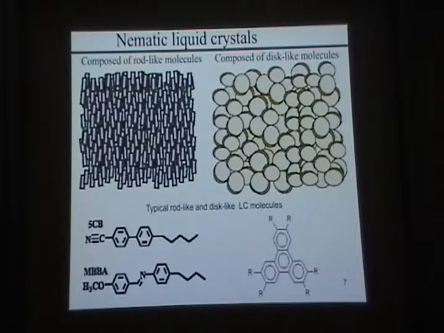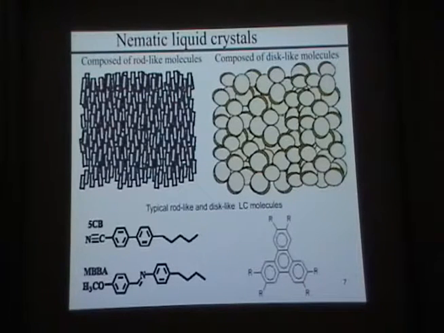In this state of matter, we have only orientational ordering and no positional ordering at all. Right? So here you can see two different types of nematic phases formed by cylindrical molecules, like those here, and also by disc-shaped molecules shown here. And those are the chemical structures of typical molecules that can form those phases.